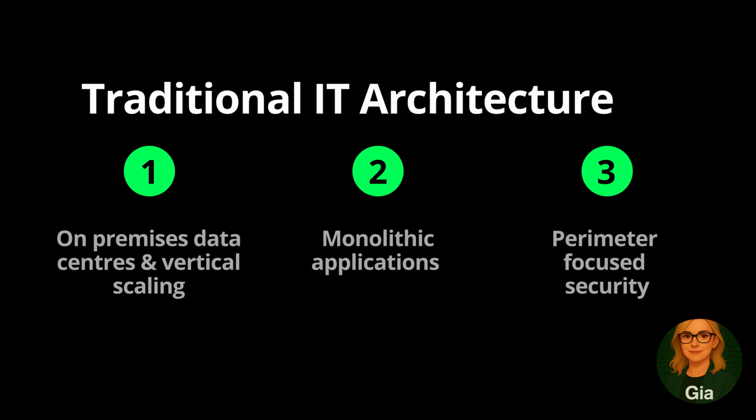To grow, we relied on vertical scaling, buying bigger, more expensive servers to handle more load. This model worked well when systems changed slowly and most users worked from the office. But as businesses scaled, went global, and moved online, cracks started to appear as it lacked the flexibility needed for the internet age.